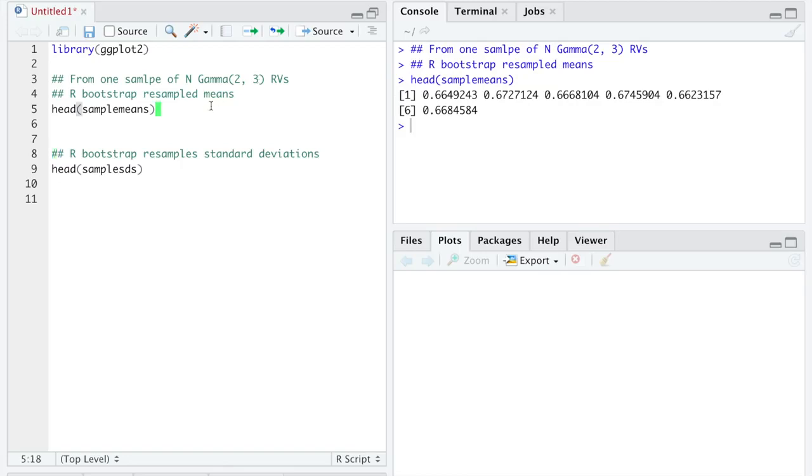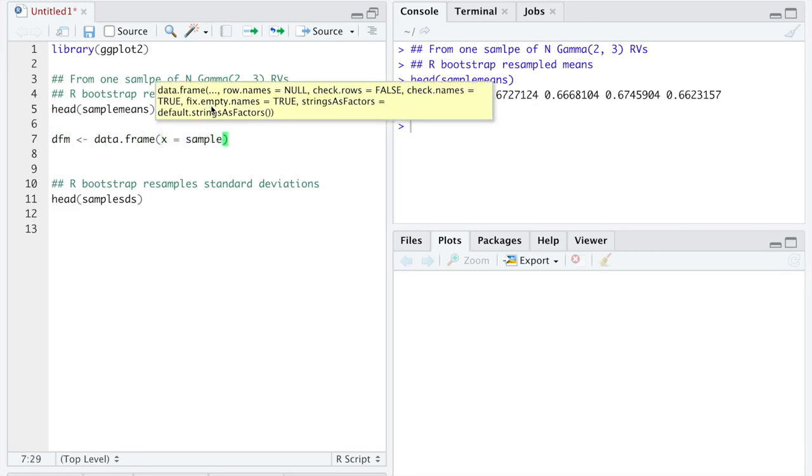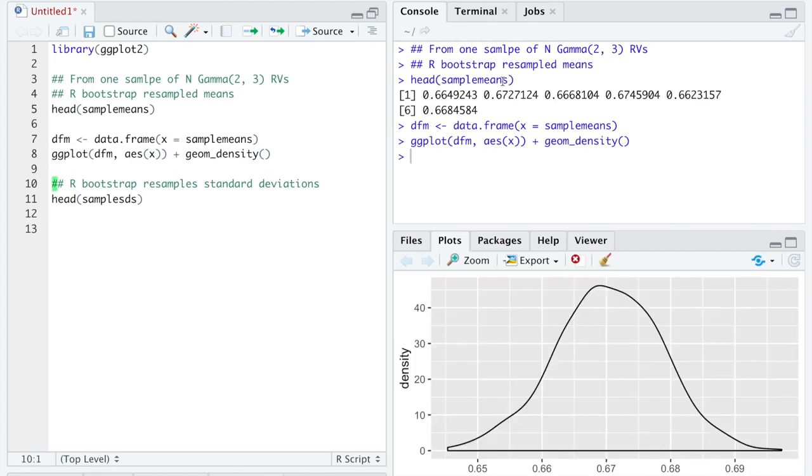Okay, so we have theoretically then these bootstrapped resampled means from which we could make a density plot. We'll first stick the data into a data frame and then go ahead and use ggplot to make a density plot.